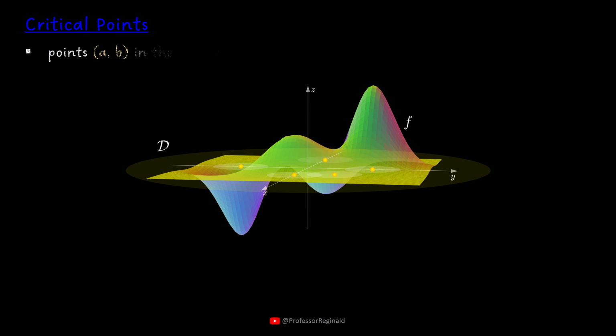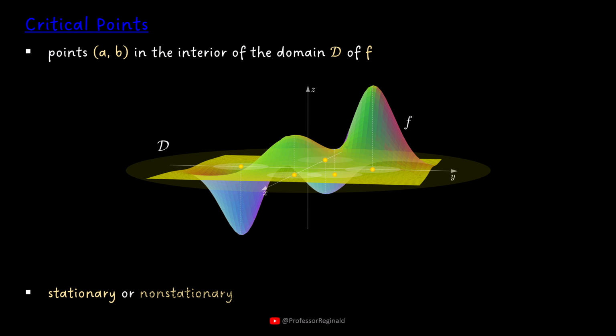That is, it is an interior point of the domain. Every interior point of the domain can be a critical point, but we will narrow down its location by imposing conditions on the function. A critical point may be stationary or non-stationary depending on whether or not it satisfies a couple of conditions.